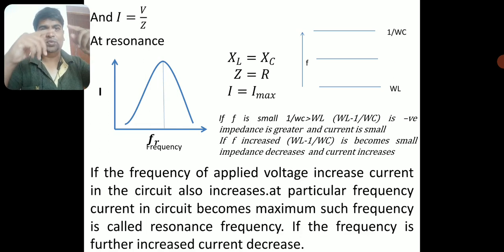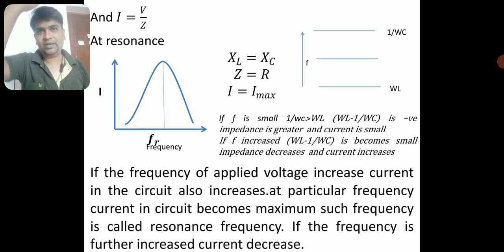So if the rate of decrease is more, sharpness is more. If the rate of decrease is small, it's a flatter curve, and sharpness is small. If it is more flat, sharpness is less. If this is more sharp, sharpness is more.